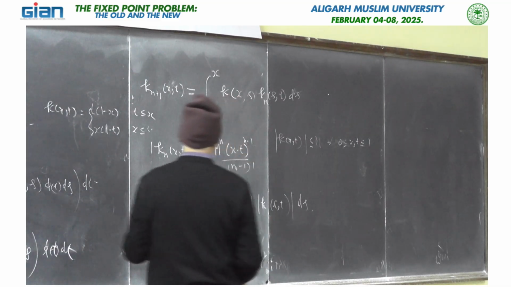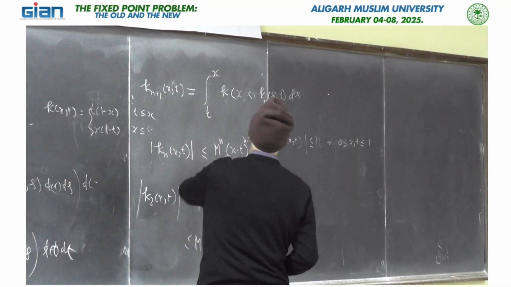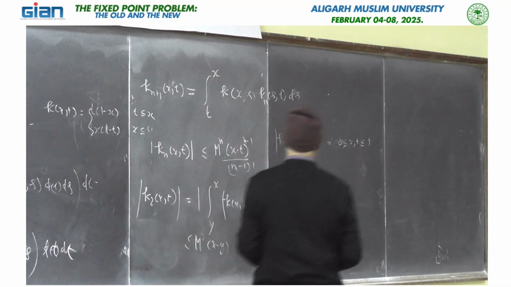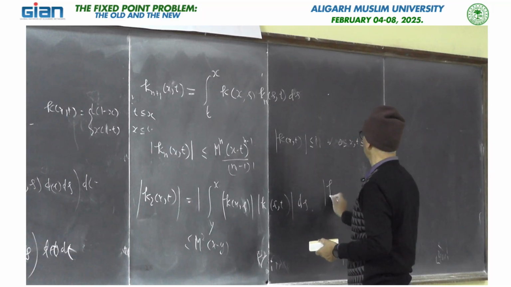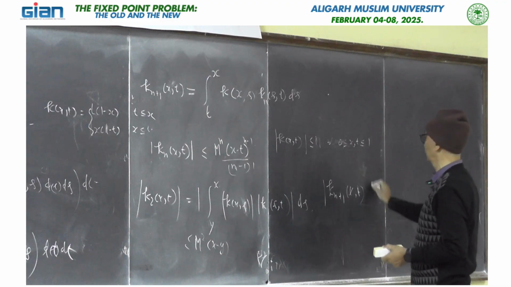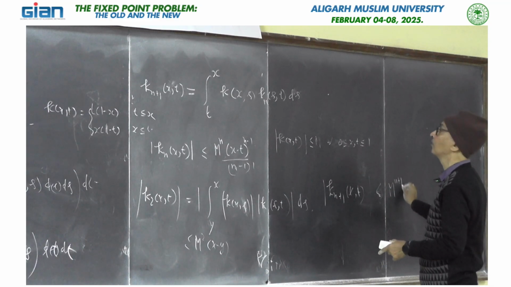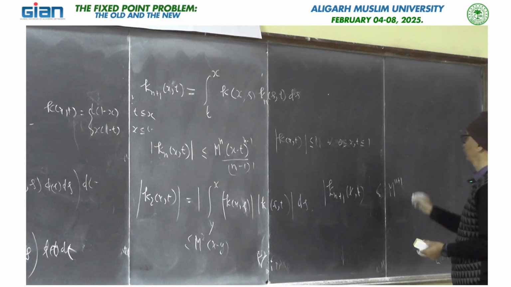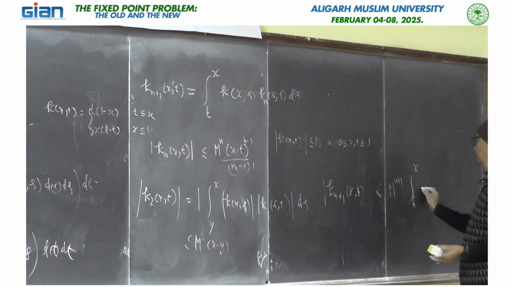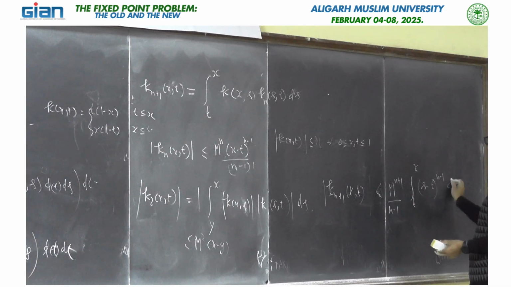And so, by induction let us suppose that this is so, and then you apply that here. So, you have |K_{n+1}(x,t)| less than or equal to M to the power n+1, and you have the integral from t to x of |s-t| to the power n-1 over factorial n-1, ds.